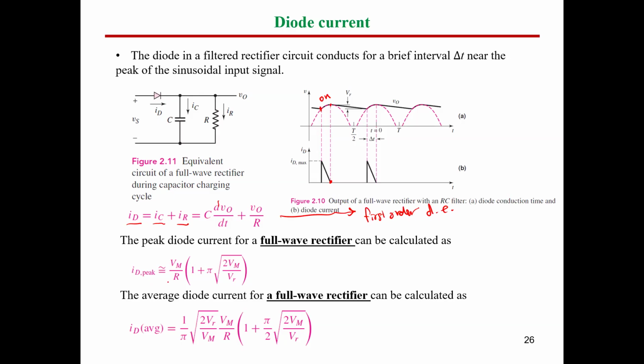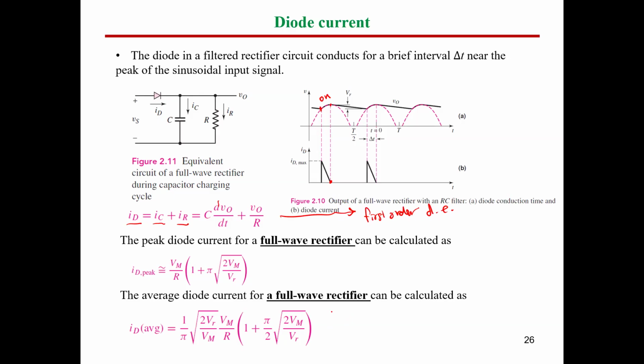And this is the peak value, and this is the average value. We don't have here the complete equation, guys, but just the peak value and the average value. So the derivation is not required here, because it's relatively complex.